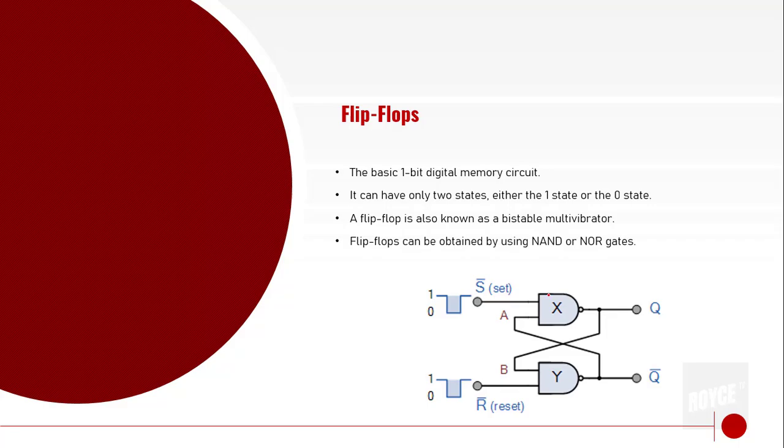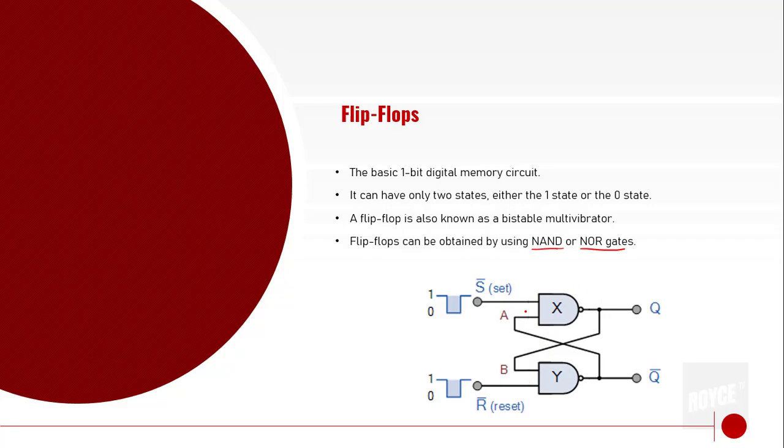A flip-flop can be constructed, it can be obtained by using either of these two universal logic gates. So, alam naman natin sa previous discussion natin that a NAND gate and a NOR gate is considered as the universal gates. Okay, so we can use either of these two to construct a flip-flop. And ito po yung itsura ng ating flip-flop.